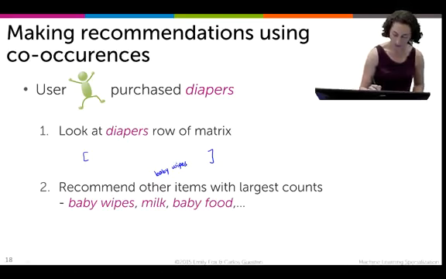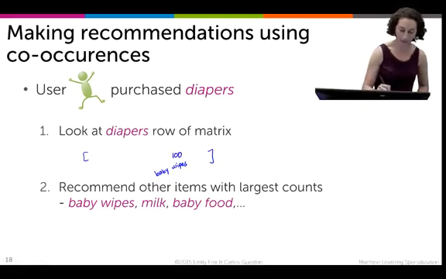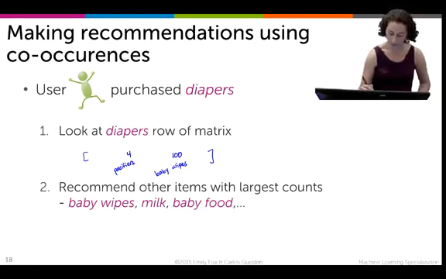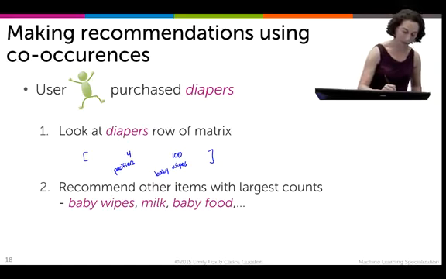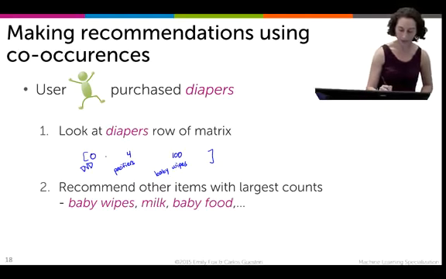And that has, let's say, 100 counts. And then there's also, let's say, pacifiers. And maybe there are 4 counts of pacifiers. Let's think of something else. So let's say that there's some DVD. Let's say there's no counts of those DVDs.